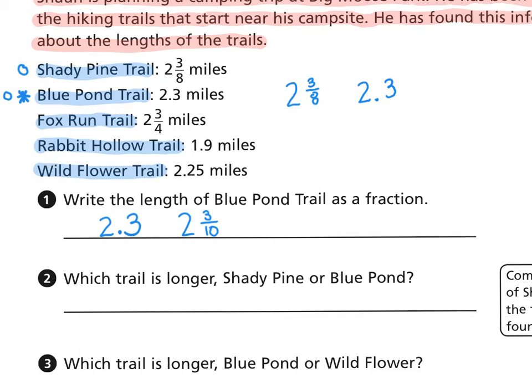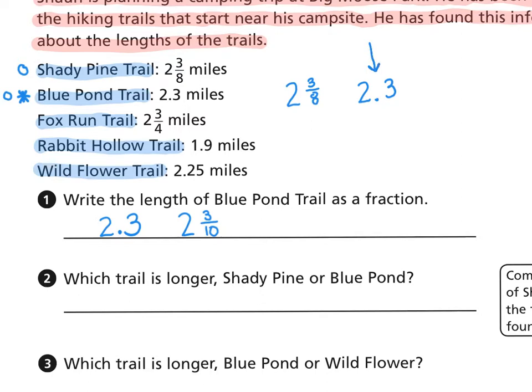Good. Welcome back. All right. So when I'm comparing fractions and decimals, I need to move all of them into the same mode. So I'm going to choose fractions because I know that I can move this very easily into a fraction.